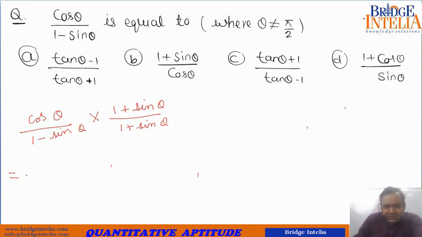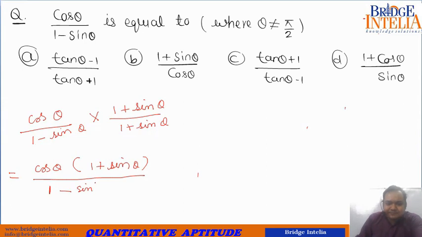So if you write this further, this comes out to be cos theta into 1 plus sin theta. Now what happens to the denominator? The denominator is in the form a minus b, that means 1 minus sin theta, into a plus b, that is 1 plus sin theta. So this becomes a square, that is, 1 square minus sin square theta.